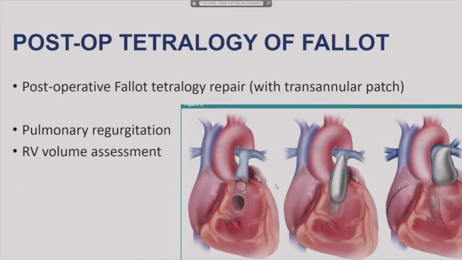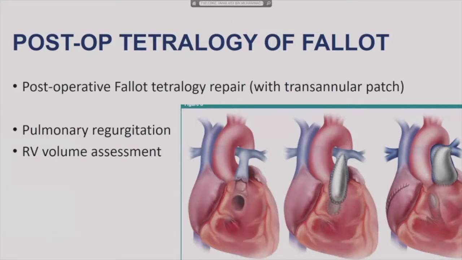But by doing a transannular patch or transannuloplasty, we are sacrificing the pulmonary valve and causing severe or massive pulmonary regurgitation. And in the short term, in the initial 10 to 15 years of life, the RV tends to be able to cope with its pulmonary regurgitation because it's low pressure, the RV is hypertrophied to begin with, and the right side tends to take on volume overload better than the left side.